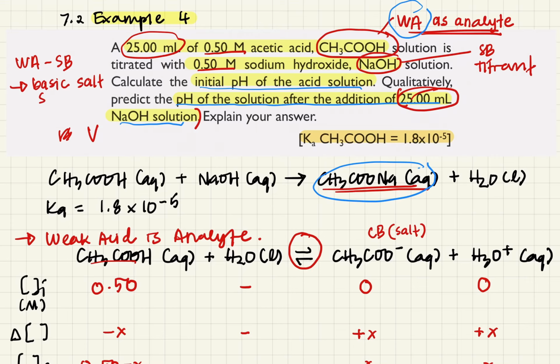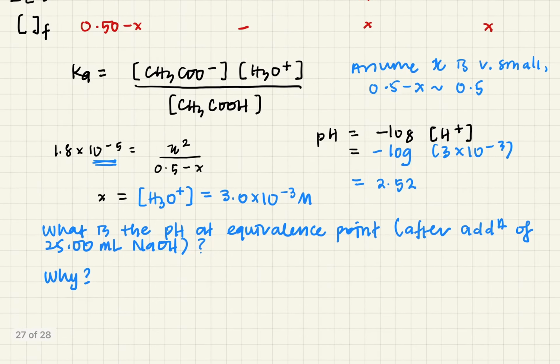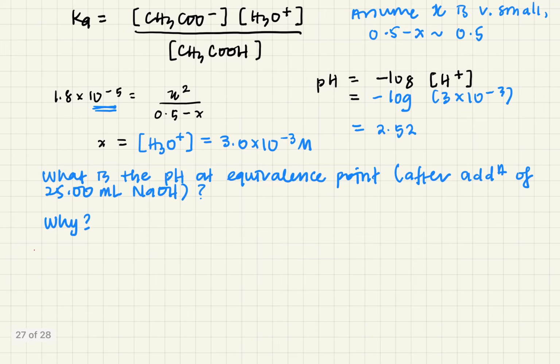Betul tak? So kalau macam tu, then your pH at equivalence point will be greater than 7. Okay, so the pH at equivalence point is more than 7, greater than 7.